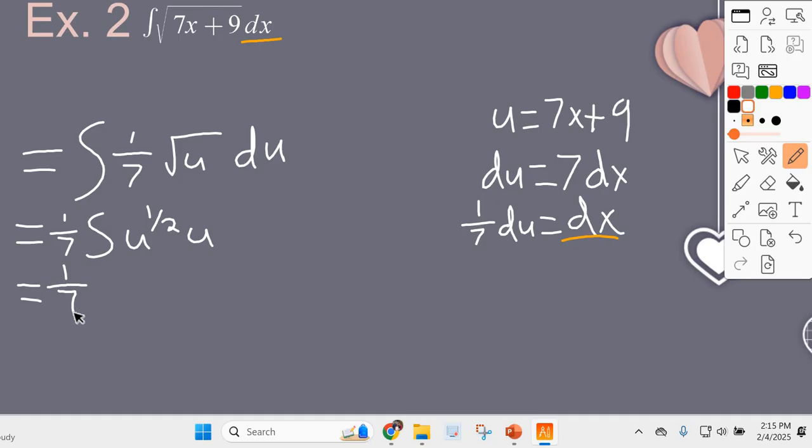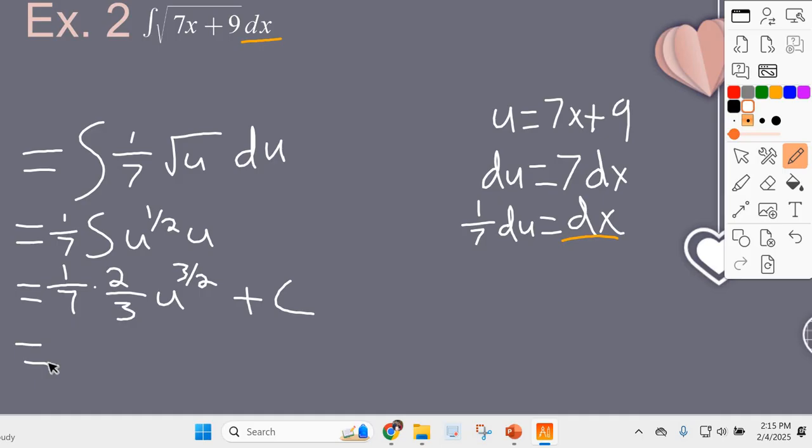Because then we have to divide by that, which is the same thing as multiplying by 2/3. And again, we have to make sure we add our plus c. But again, what's our last step going to need to be? Plug our u stuff back in.